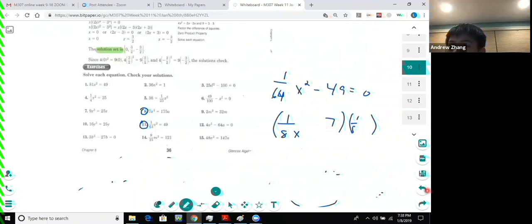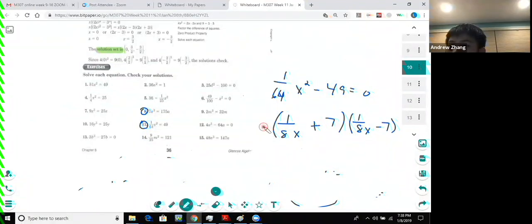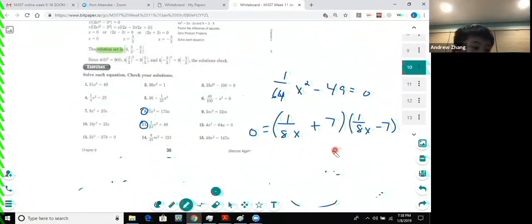I got the same answer, except I multiplied both sides times 64 because I don't like seeing a big fraction.